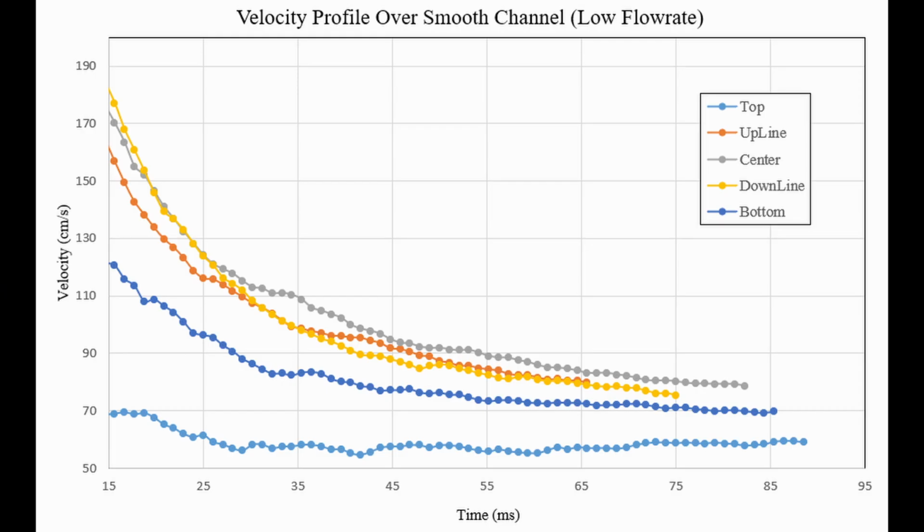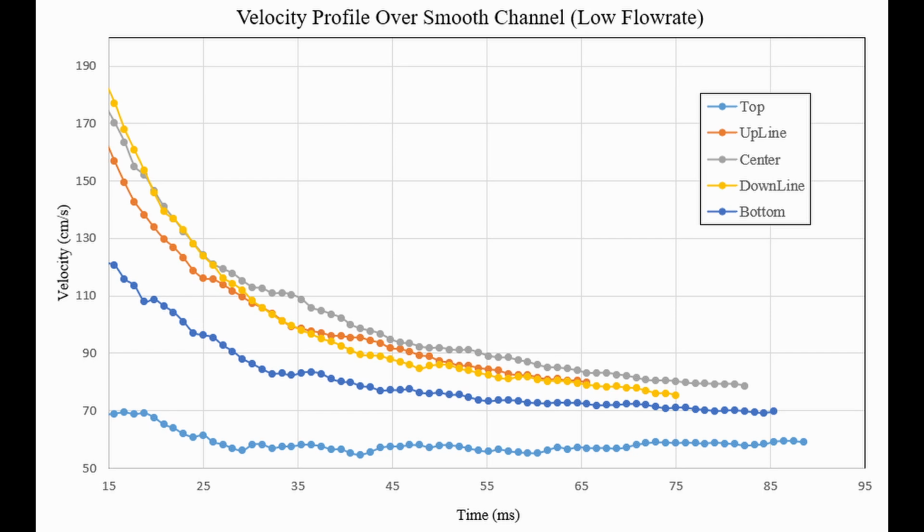The data in this graph is a little bit complicated to think about, but essentially I've taken the position and the time that Tracker reports and divided those to get a velocity at each point. Then I've graphed that velocity versus time. Based on the literature that I found, we would expect the center line to have the highest velocity, and the further up or down you go, the lower the velocity gets.